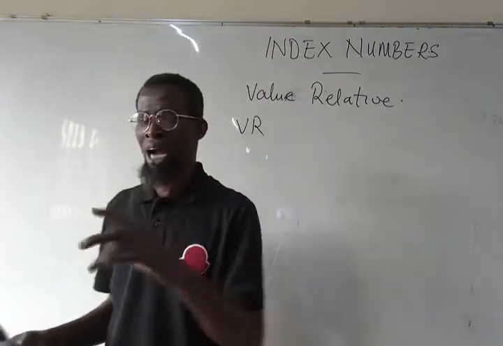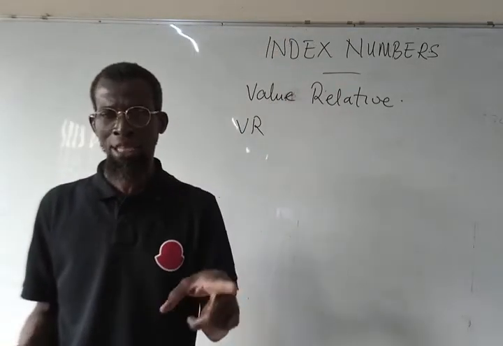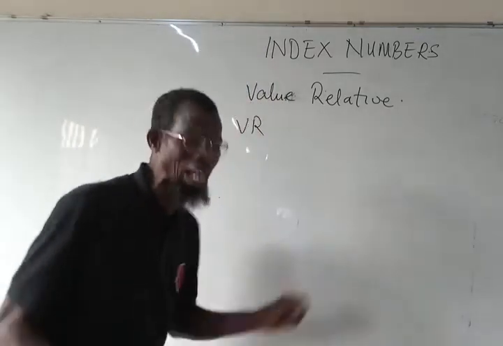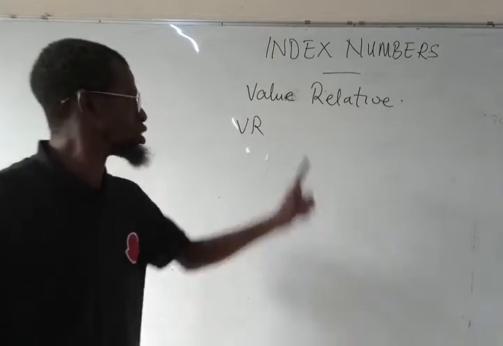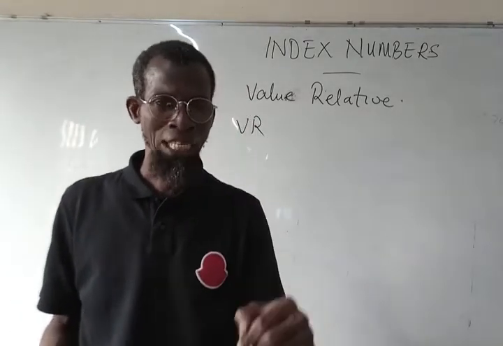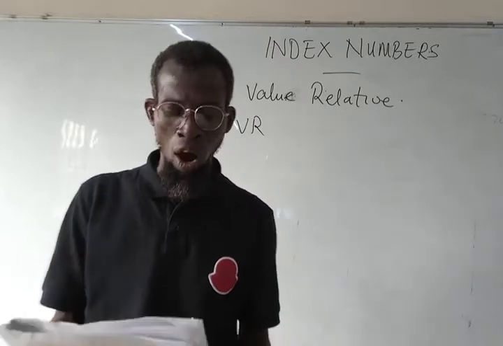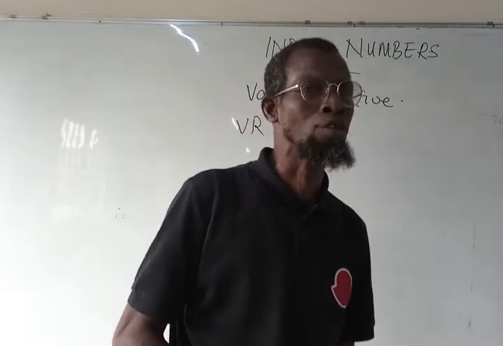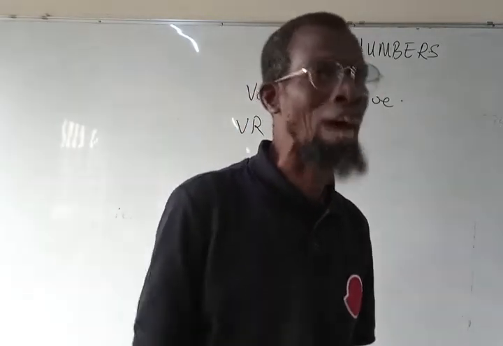Please remember the word ratio is very important there. And the ratio of what? Value, because we are dealing with value. We are using value to make reference. So the ratio of the value of the output of a good or service.